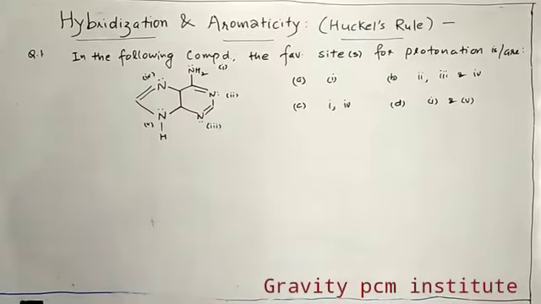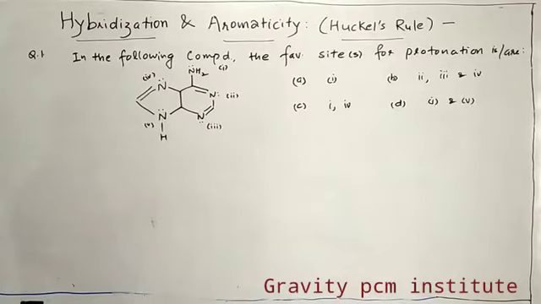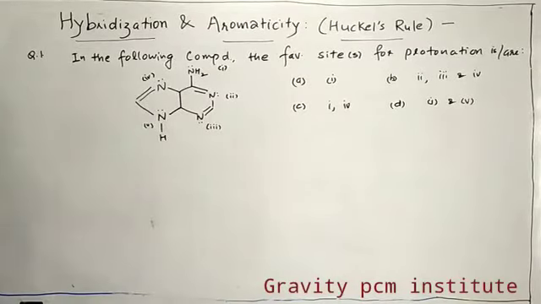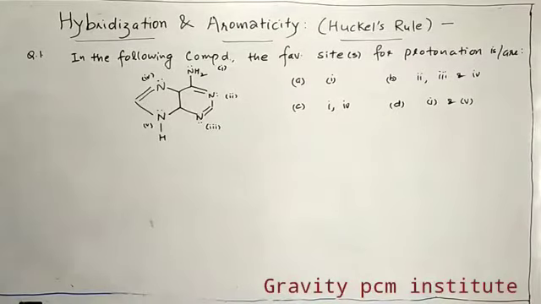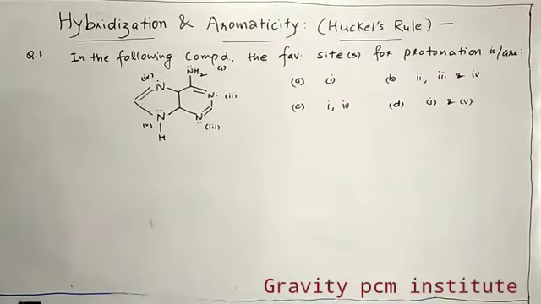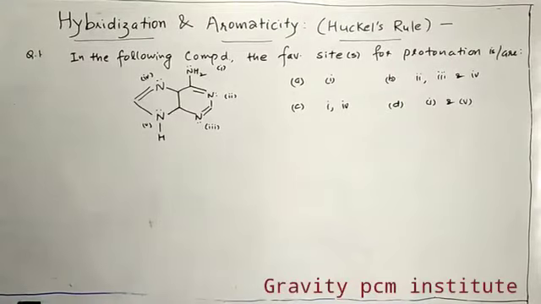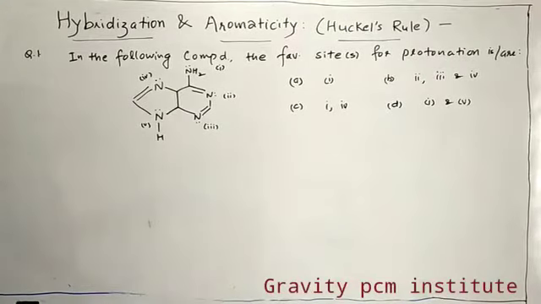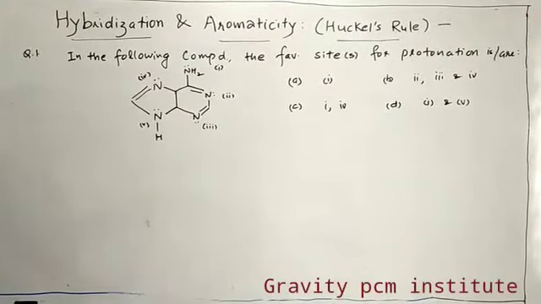If the lone pair of electrons on nitrogen gets involved in resonance, it means that lone pair is not easily available. So we will apply the concept of hybridization and try to find which lone pair or nitrogen atom is not involved in resonance, or you can say which lone pair is present in an sp2 hybridized orbital. In other words, we can say like this.